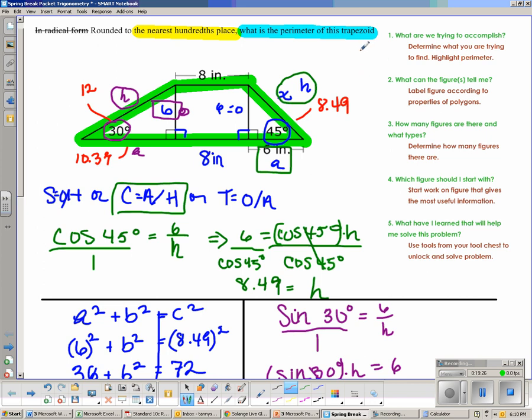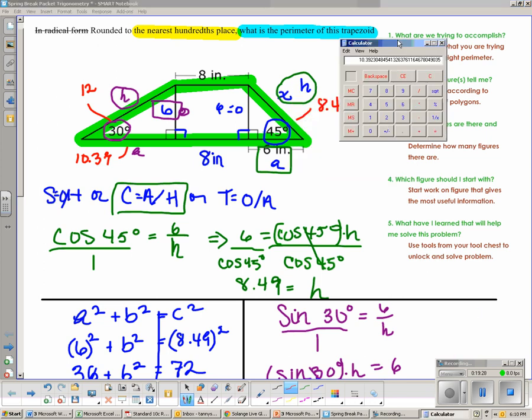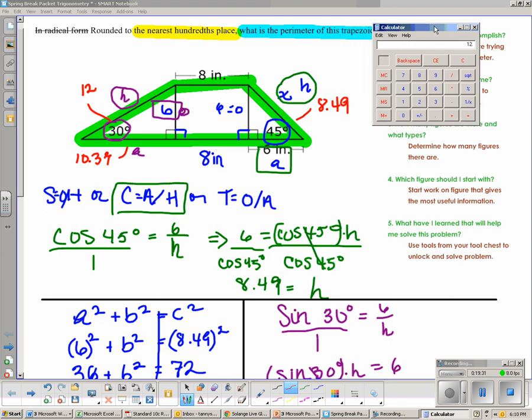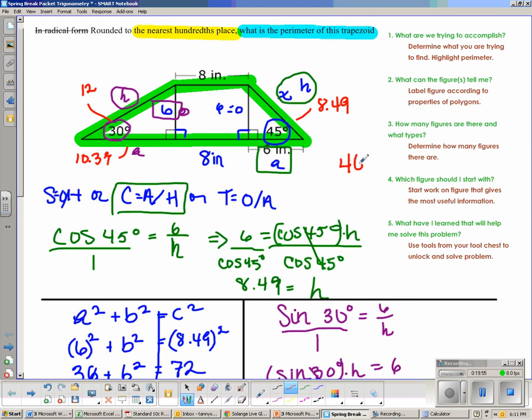So it's going to be right here, 12 plus 8.49 plus 8 plus 8 again plus 10.39 equals 46.88. And that's our perimeter.